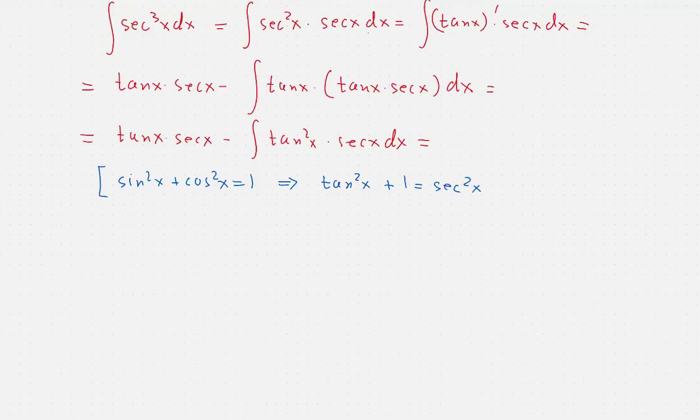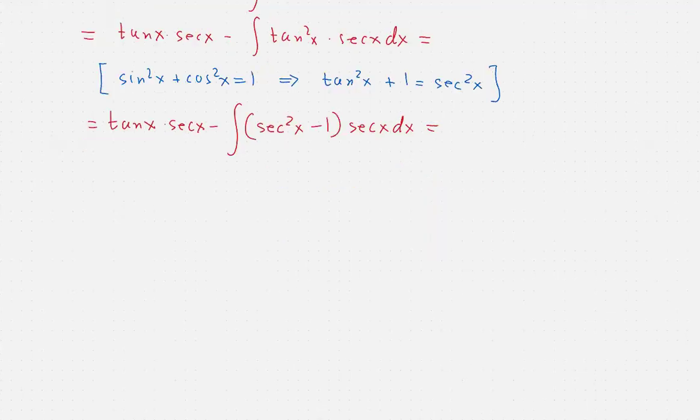So this will imply that this is equal to tangent x times secant x minus the integral of secant square of x minus 1 times secant x, which is this integral, right?